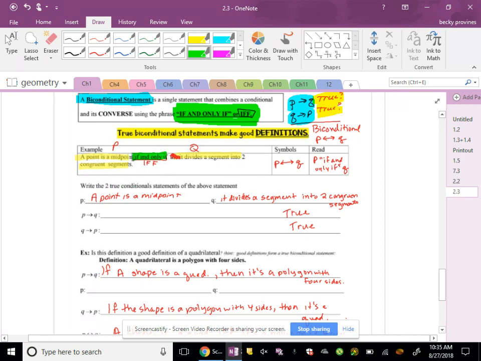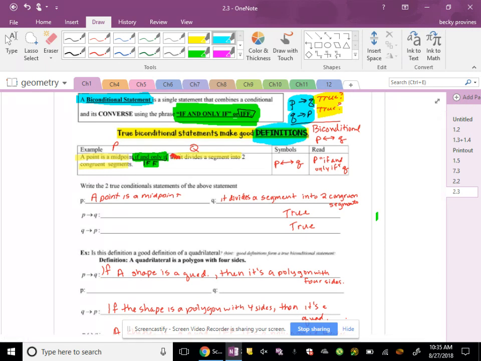All right, so this part in the middle, this if and only if, you could write it IFF. Either way is fine. This is a biconditional because no matter how you write it, P then Q or Q then P, it is true. Now, guys, here's why. It's because it's a definition. That's simple. That's why. So if it's a definition, it will always be a biconditional.